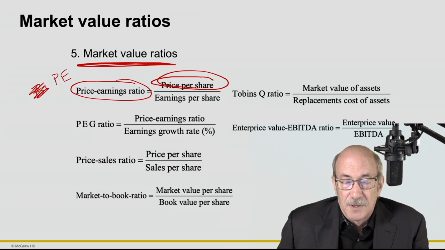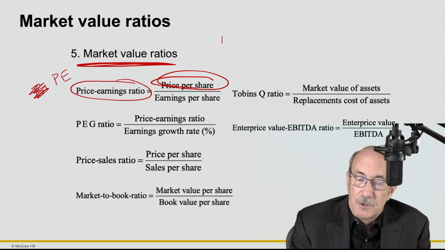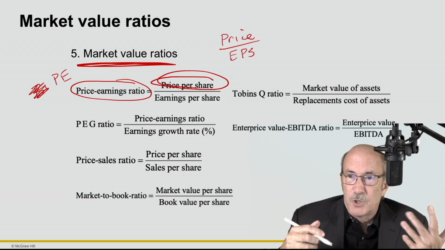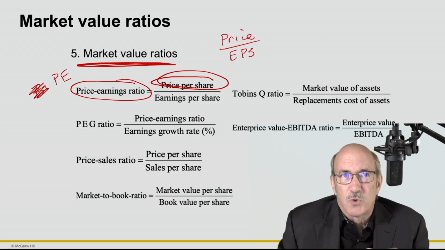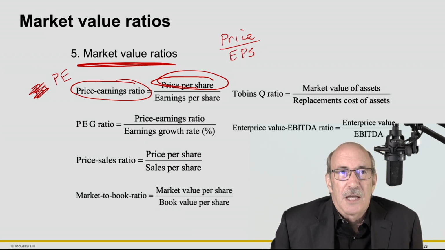And it's price per share over earnings per share. So price of the stock over EPS. This particular ratio is probably the most widely cited ratio in all of investments, and so a very important ratio.